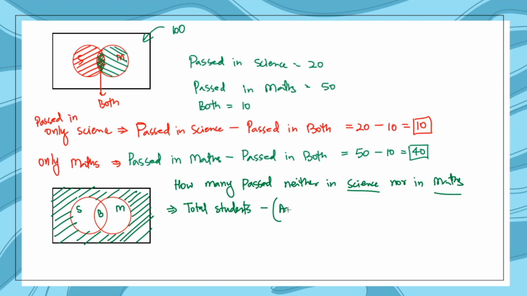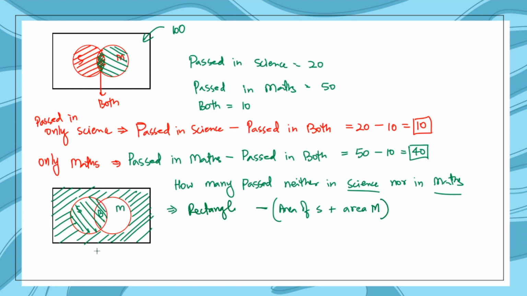So that means area of S plus area of M. I'm just writing it in the form of area over here. So let's say this is the rectangle minus area of S plus area of M. Now when you have subtracted area of S and area of M, what are you exactly doing? When you subtract S, you are subtracting this whole circle, right?